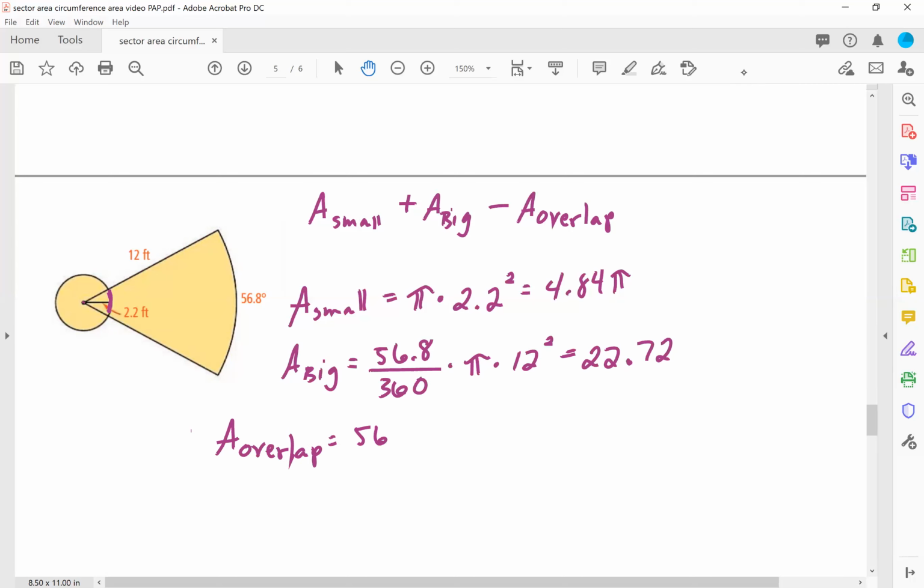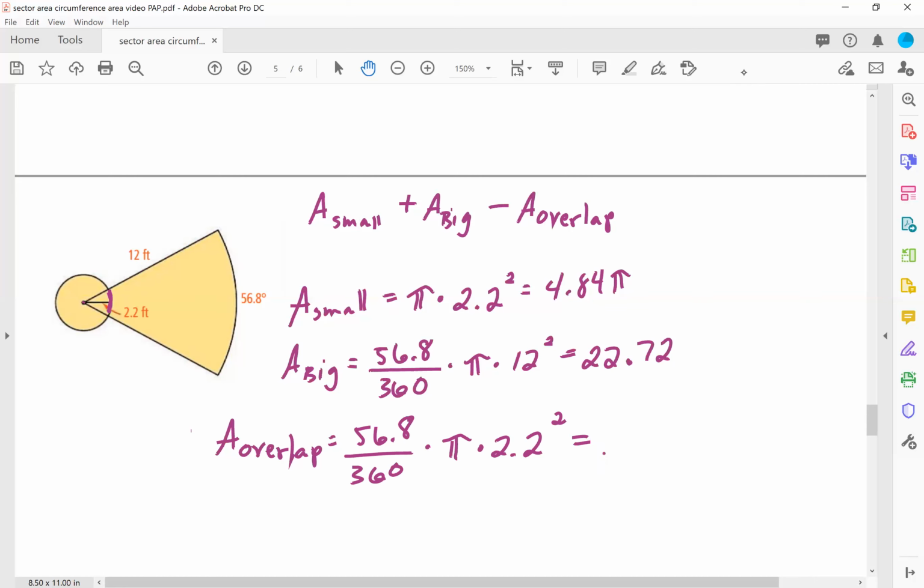It's 56.8 out of 360 times pi. And now here, our radius of the small circle is 2.2, and square it. So again, I'm going to type in everything except for the pi. So 56.8 divided by 360 times 2.2 squared.